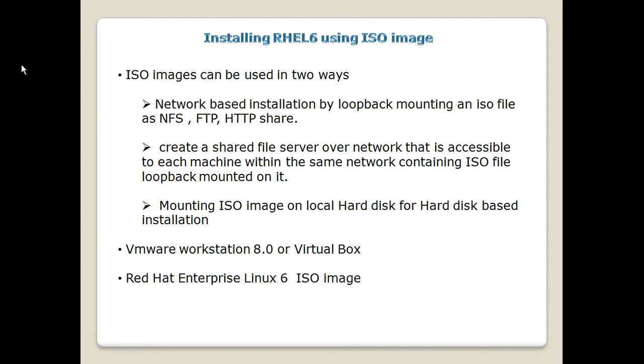To keep things simple, what we're going to discuss here is a simple installation on VMware Workstation or VirtualBox, whatever you use, and the Red Hat Enterprise 6 ISO image for the demonstration. For all the other installations, I'm going to tell you some details and the basic requirements, so that you can set up your own systems.